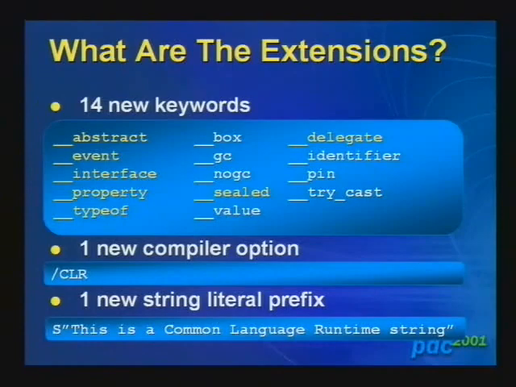The other keyword in white that I'll briefly go over is the identifier keyword, which allows you to create or use an identifier, for instance, a class name or a type name or a method name that conflicts with a C++ keyword or predefined identifier.